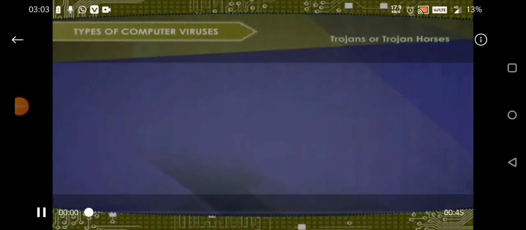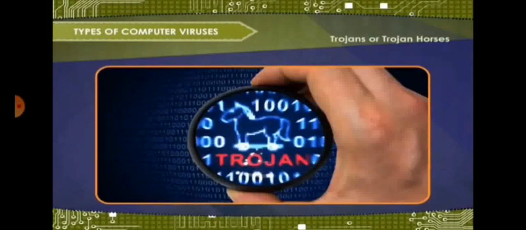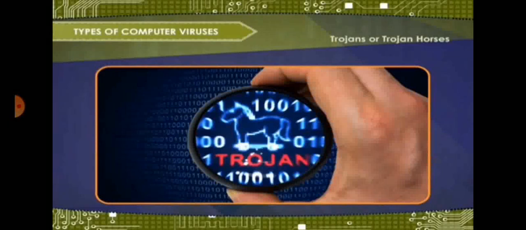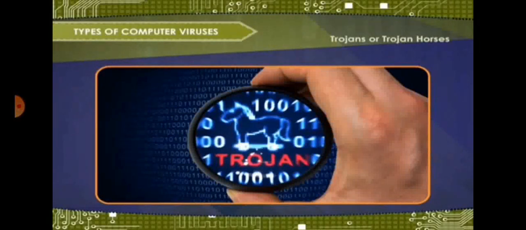Another type of malware is the Trojan horse. A Trojan horse is a program that appears useful but is actually programmed to pass the user's data to someone else. Trojan horses attempt to steal and pass on confidential information such as passwords and credit card numbers.